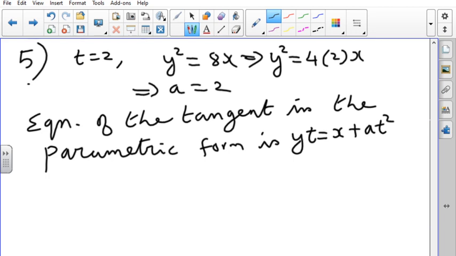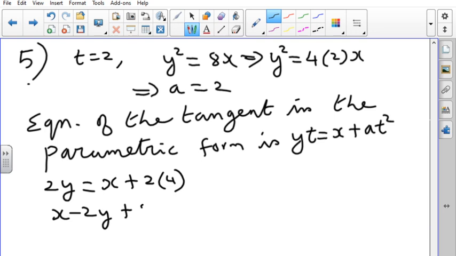Now substitute these values. t is 2, so 2y is equal to x plus a is 2 and t square is 4. So we get x minus 2y plus 8 is equal to 0 is the tangent.